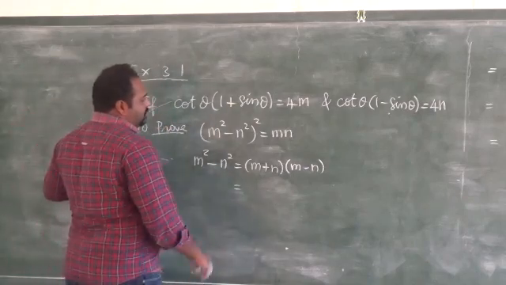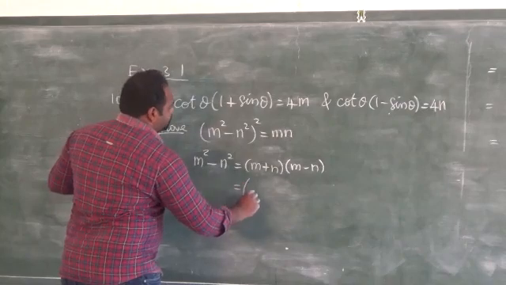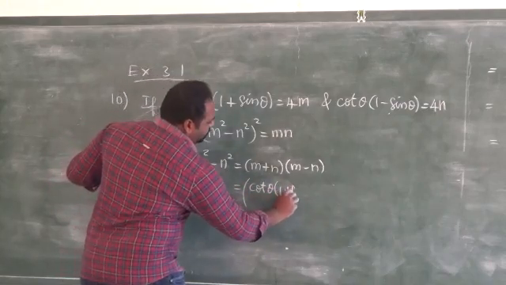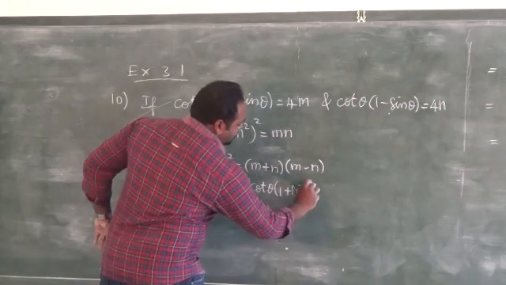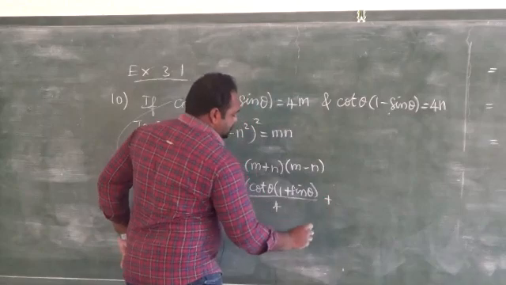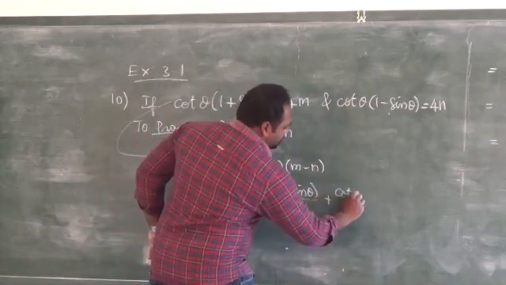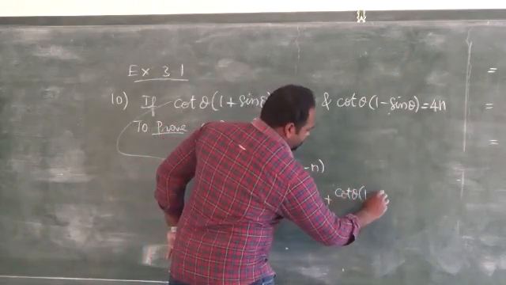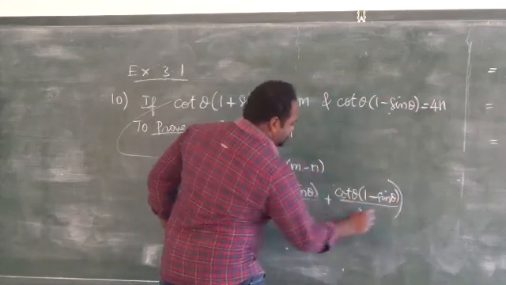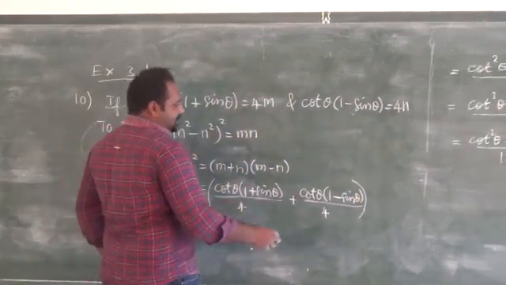m plus n. What is m? Cot theta into 1 plus sin theta divided by 4, plus cot theta into 1 minus sin theta by 4. So this is the first term.